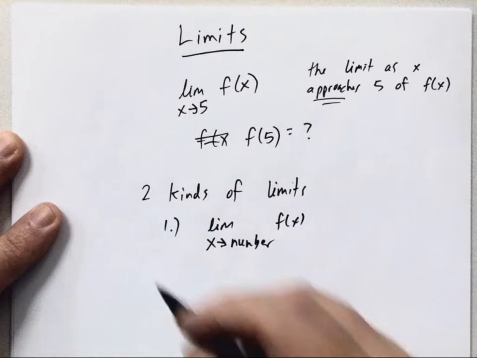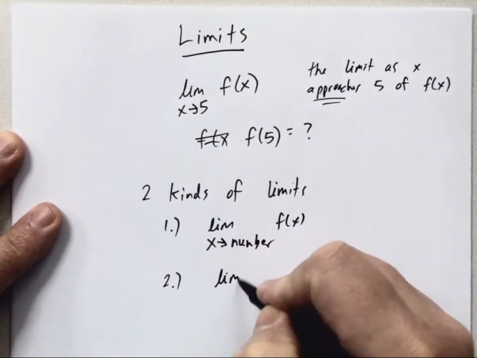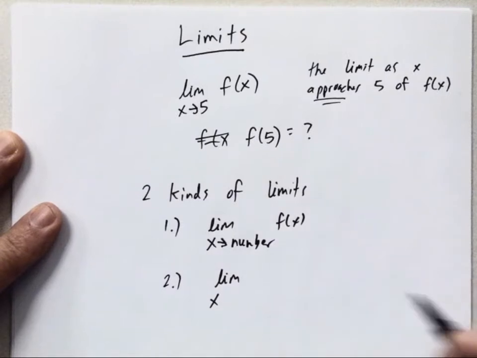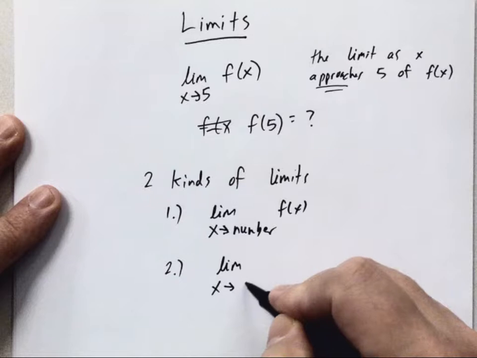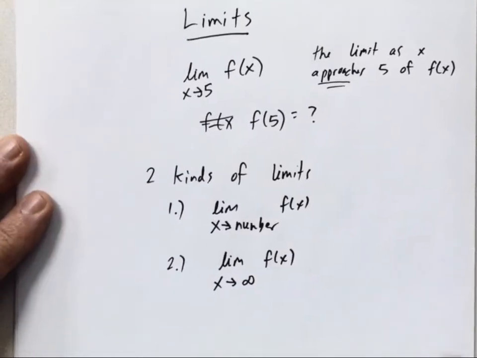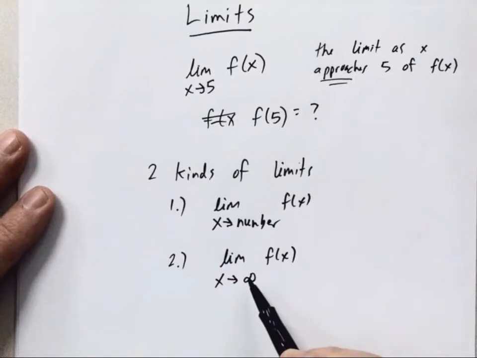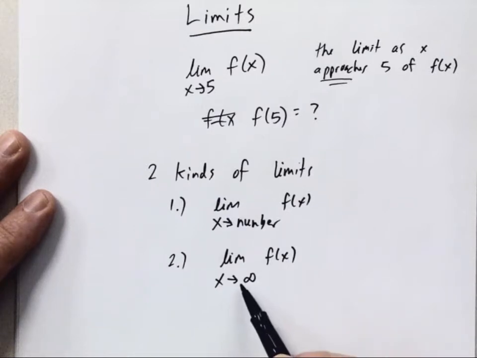All right. But then there's a second kind of limit we're going to look at. And it becomes special because the number it approaches is going to be infinity. Sometimes you'll have a function and you want to determine what the function is going to equal when x gets to be really, really large or huge.